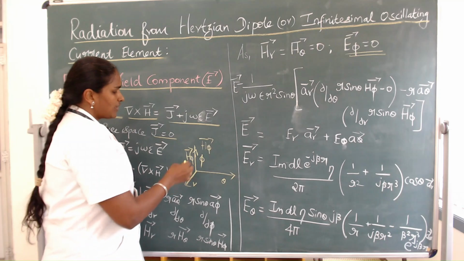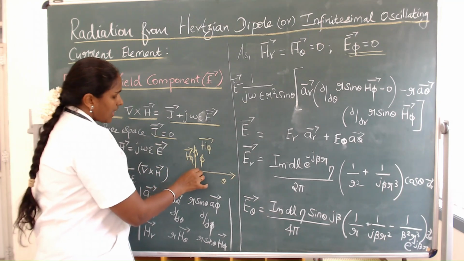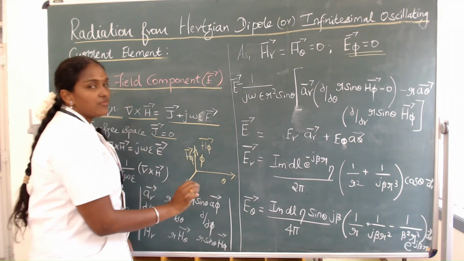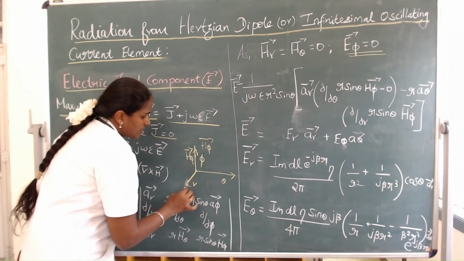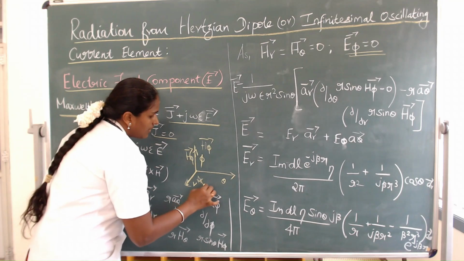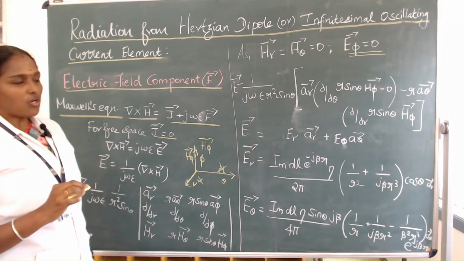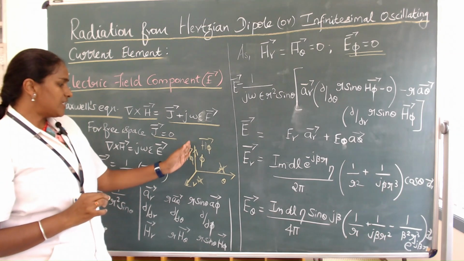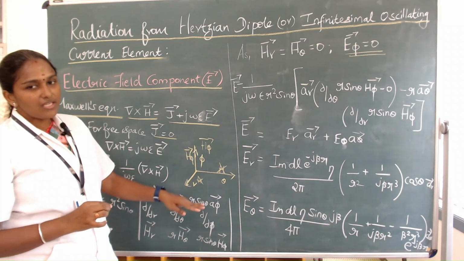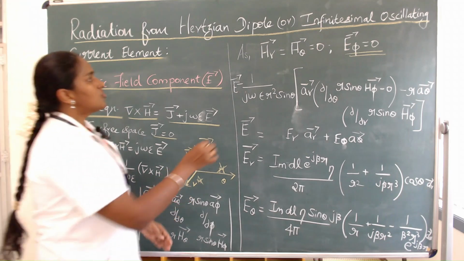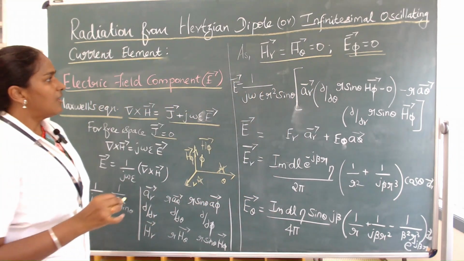One more point to note: H φ is present, so in the other directions H will not be present, because H is already available in the φ direction. In the other coordinates, with respect to this H φ, only the E field will be available. So we can say that H θ will be 0 here.